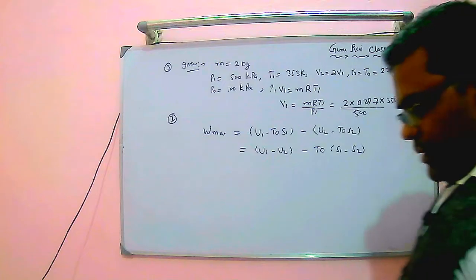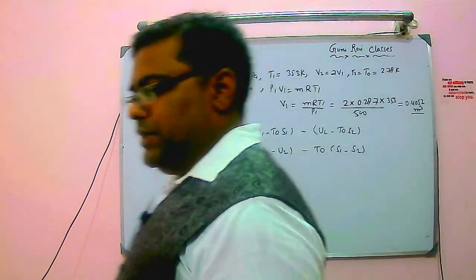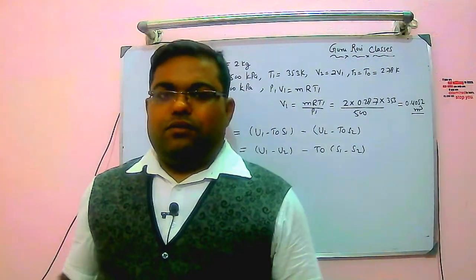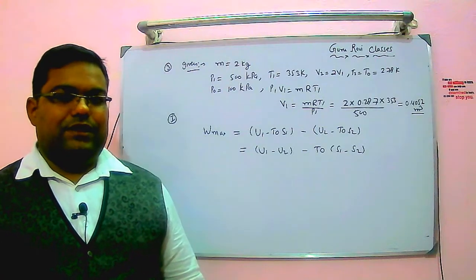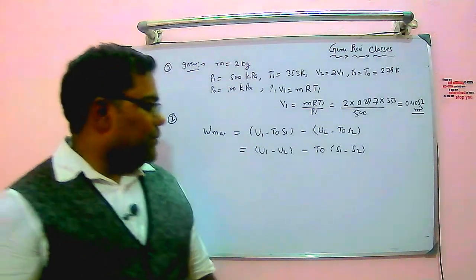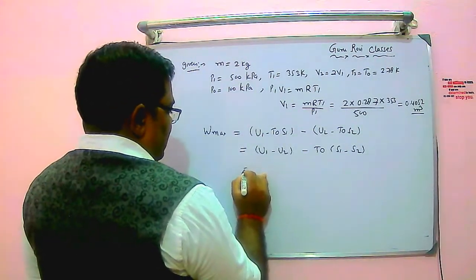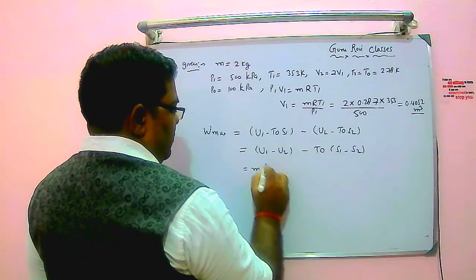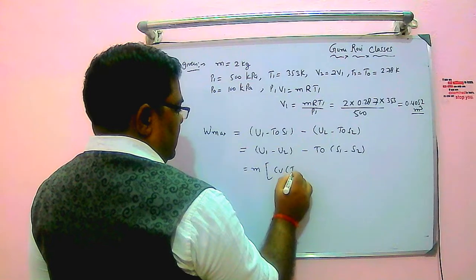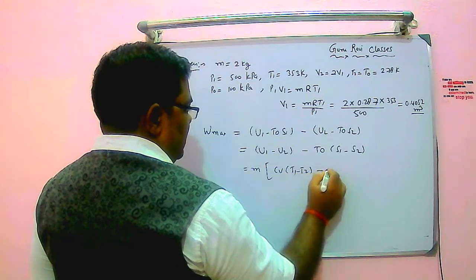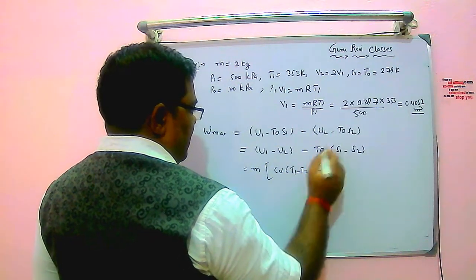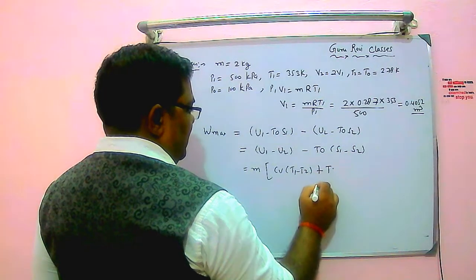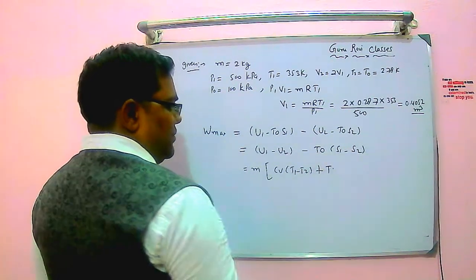So I can apply m Cv ln of T2 by T1 plus R ln of V2 by V1 relation that we already derived. So I can write this as, mass is same in both, mass you take out, Cv (T1 minus T2) minus T naught. Instead of minus T naught, I will write plus T naught to make it S2 minus S1.